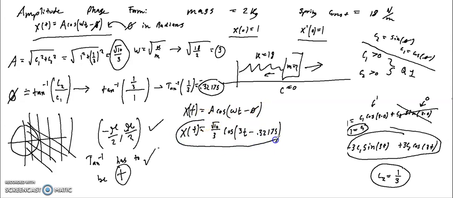And we didn't need to add any pi, 2 pi, or just 0, because it's in the domain and it's positive. So this would be our final answer.